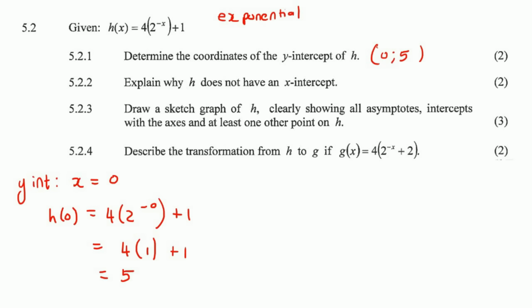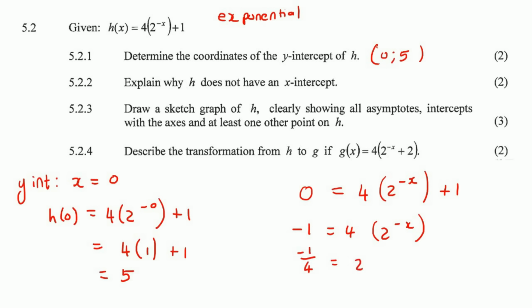So let's pretend we wanted to find an x-intercept. Well, to do that, you make y 0. Okay, and now we're just going to try solve. So you take the 1 over to the other side, and then you can divide by 4. All right, now let's bring the 4 back to the top.